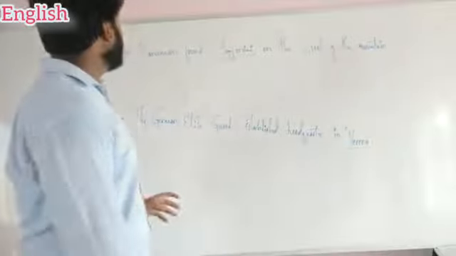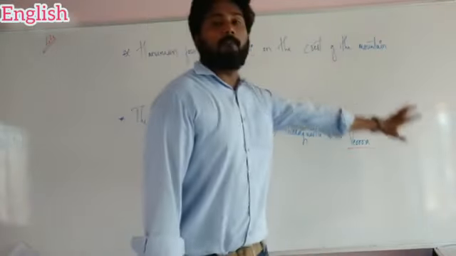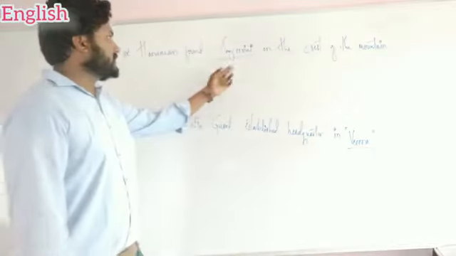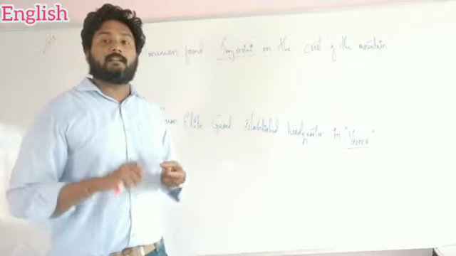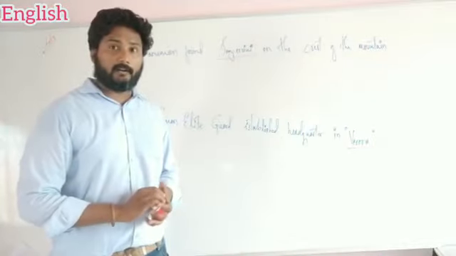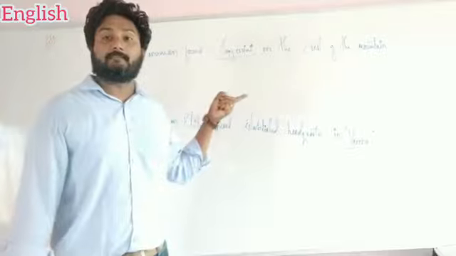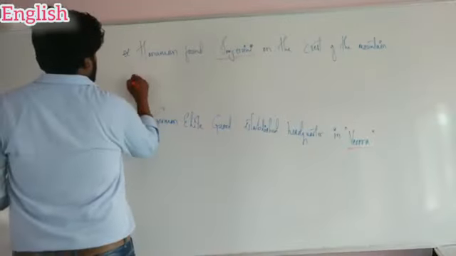Hanuman found Sanjeevani on the crest of a mountain. Sanjeevani is an object. As I said, object, idea and action. There we should use the word what. This sentence is in the past, so we should use did.